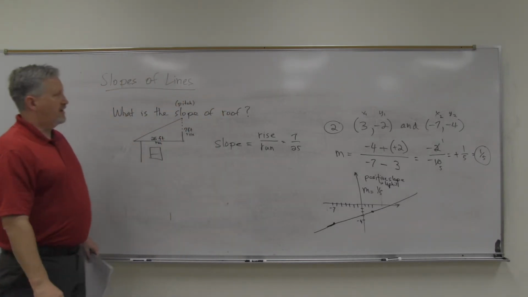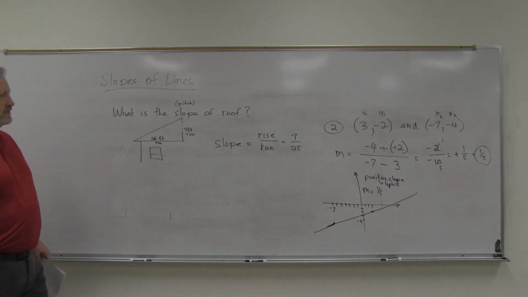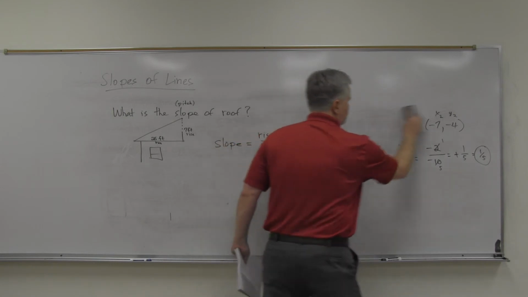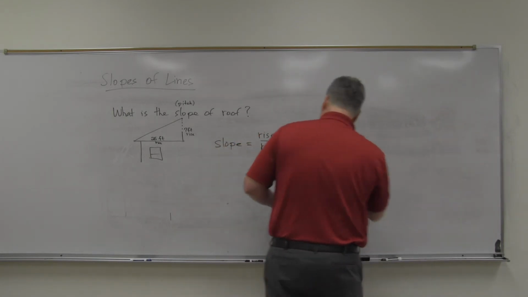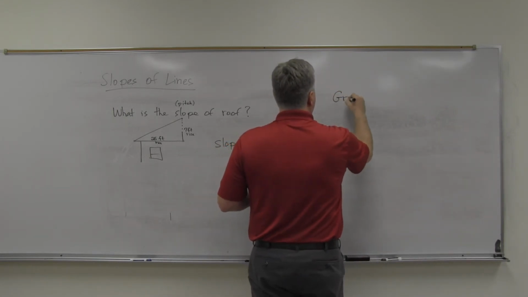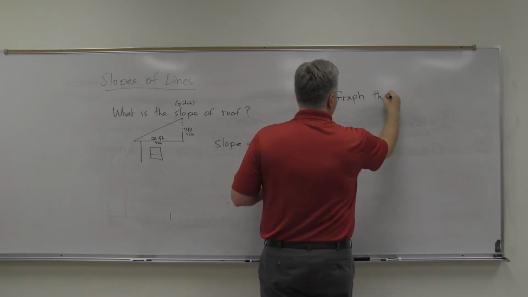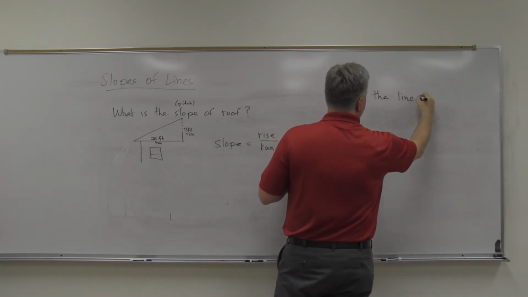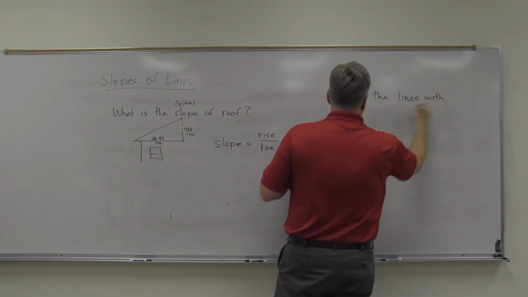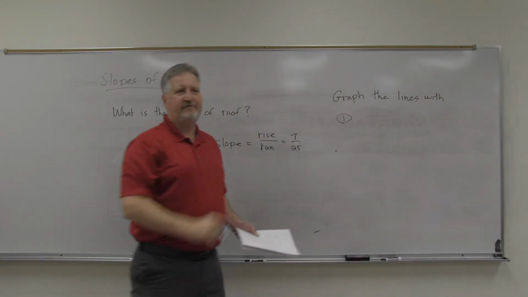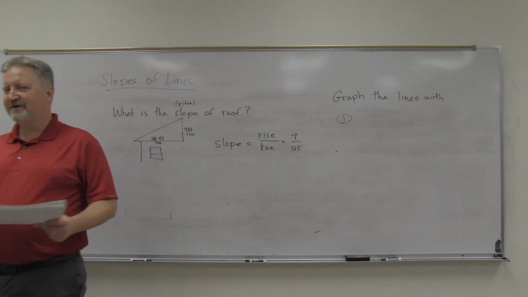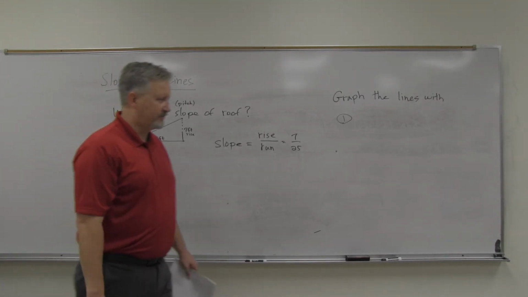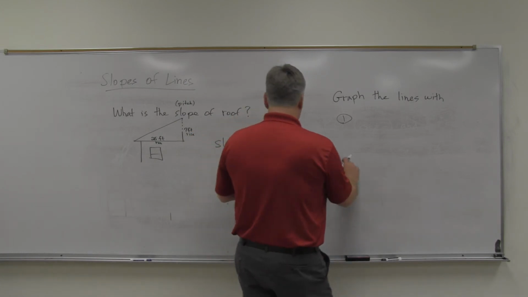All right, so last but not least here, let's do one more. We're going to graph some more lines. But here, we're going to do it not from points, or from a table or anything like that, or intercept. We're going to do this.